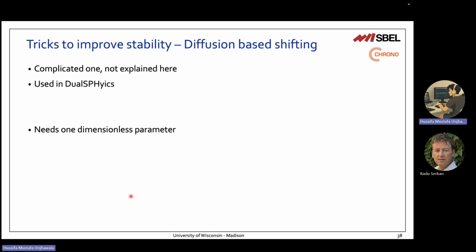If you're modeling something that's flowing, and you want to improve stability and have the simulation fast, you can use these shifting methods to improve stability of the simulation. If you're modeling a very large domain, you need to space your particles. You can choose that, but there are a ton of options. And the thing about Chrono is we leave that to the user, because we want the users to know the code base and also tune the parameters as much as they can.